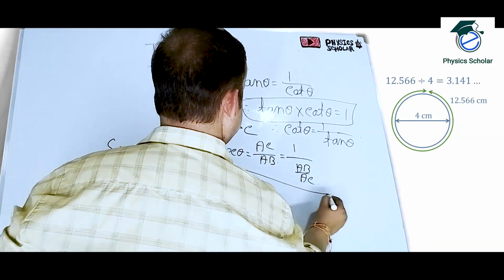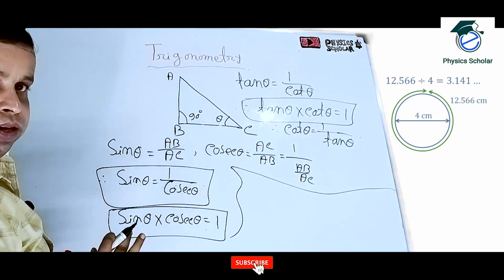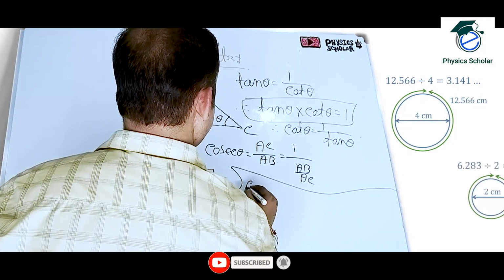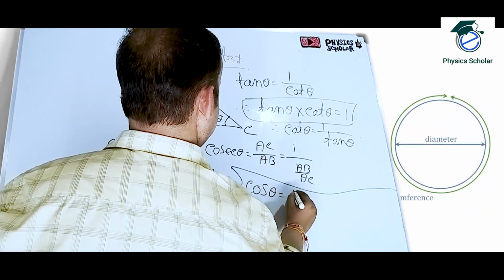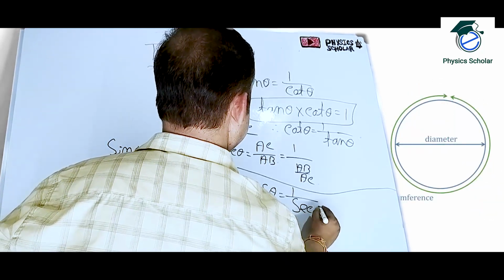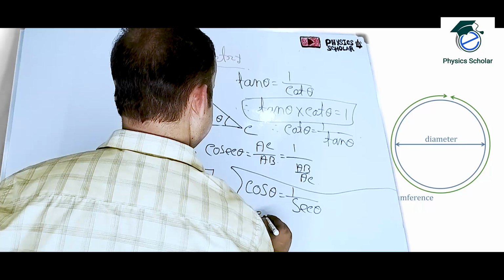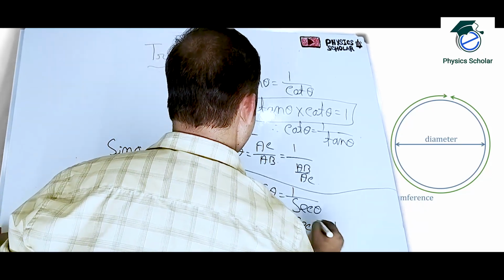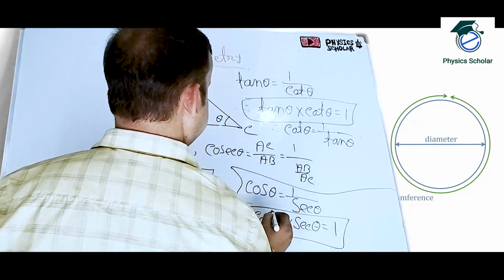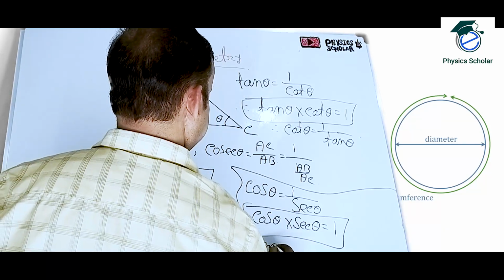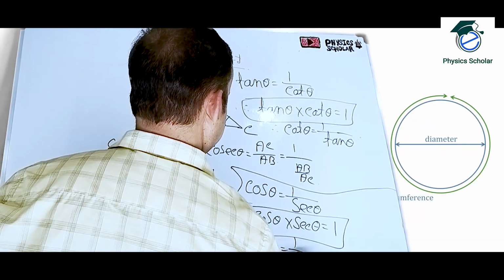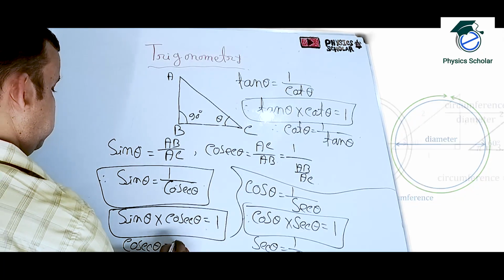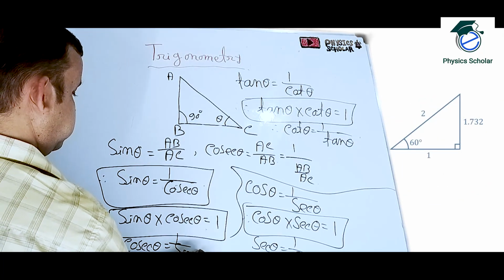Next, another one that is left: cos theta is equal to 1 by sec theta. If we multiply, cos theta into sec theta is equal to 1. Or sec theta is equal to 1 by cos theta. Similarly, cosec theta is equal to 1 by sin theta.